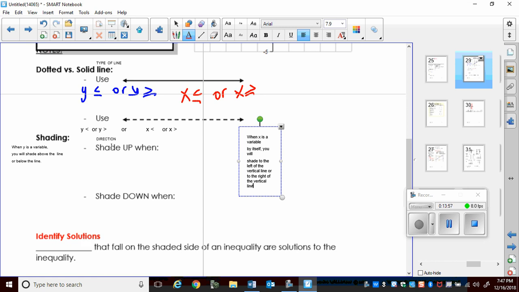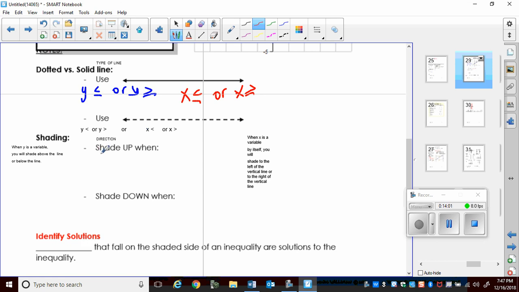So what does it look like when y is a variable? Well, it looks like the equation above. So let's say I shade up when I'm working with greater than. So y is greater than, or y is greater than or equal to.